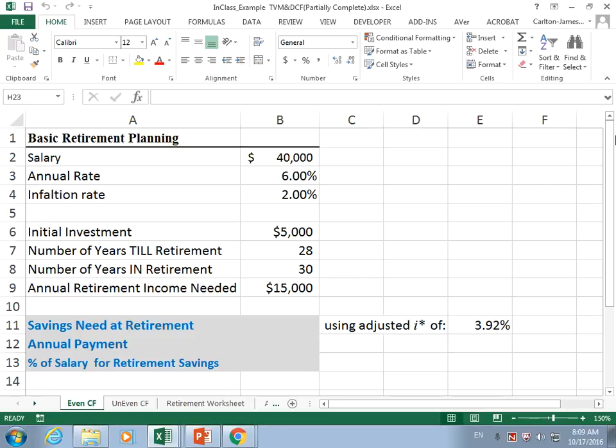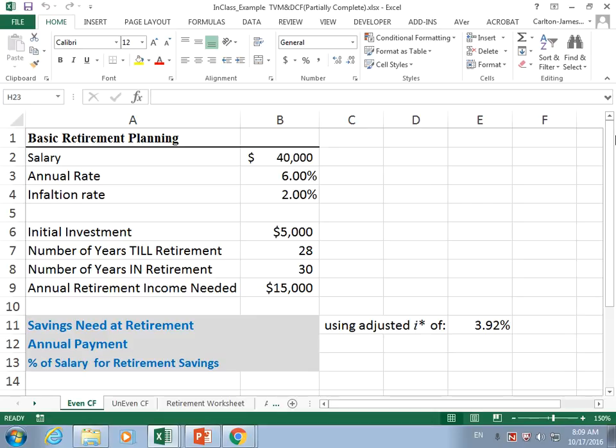Initial investment. Okay, so you might decide to choose that this, for instance, this initial investment, you might decide, okay, this becomes discretionary. Although, if you have $5,000, that's what you've got, right, and so on.